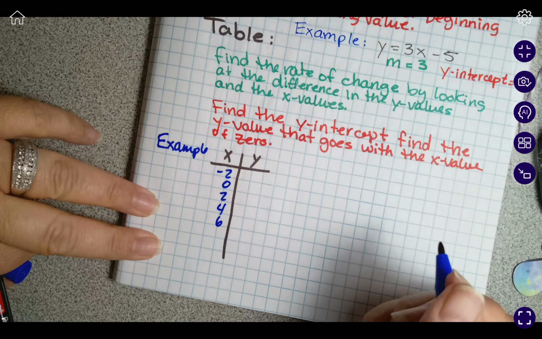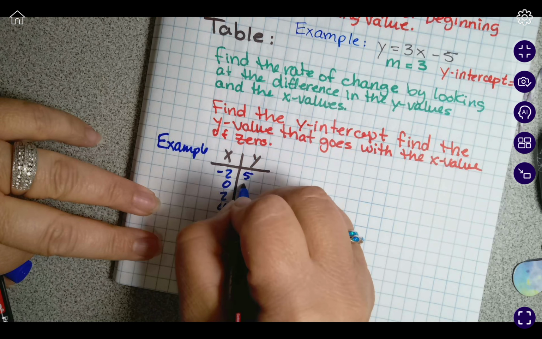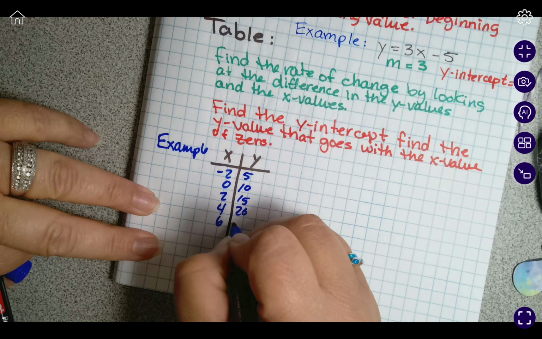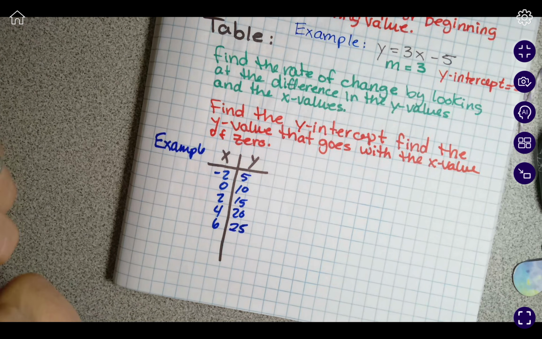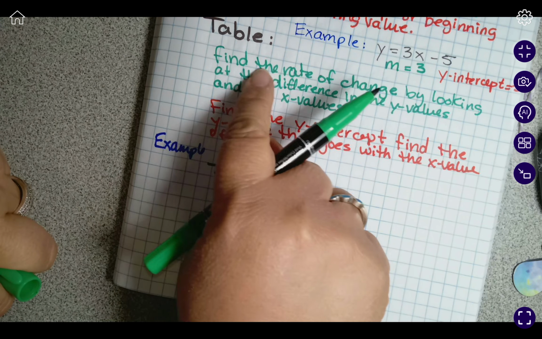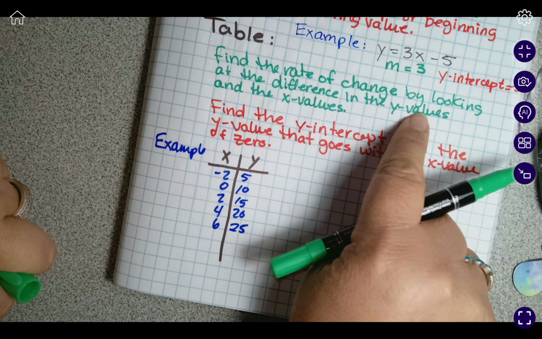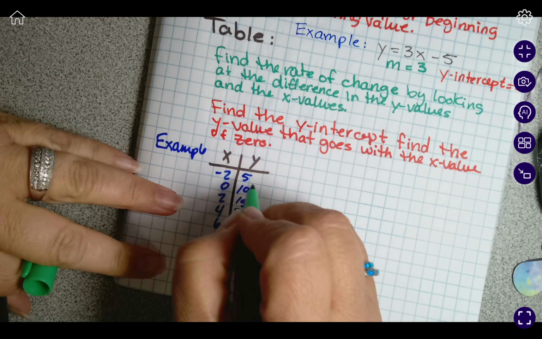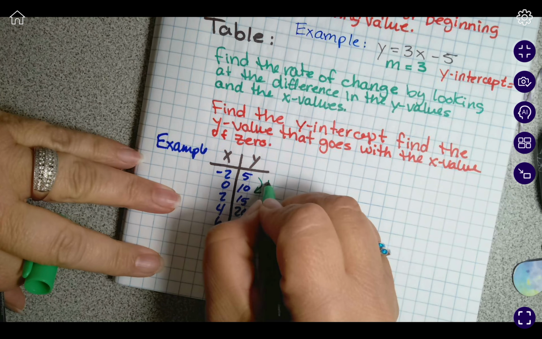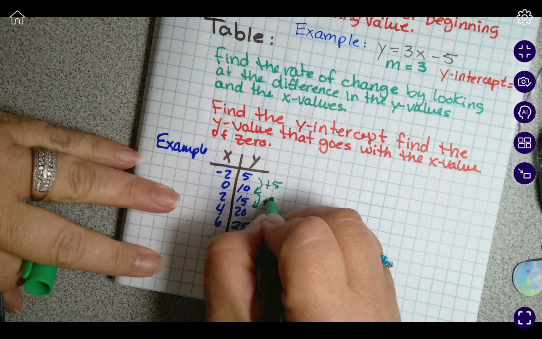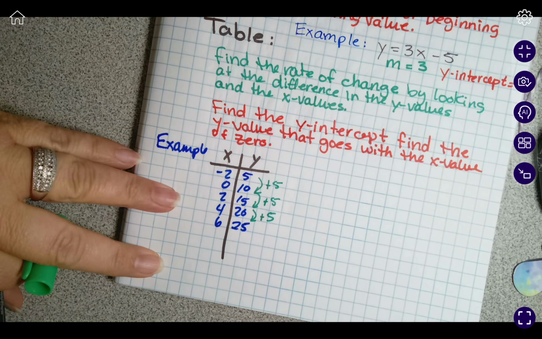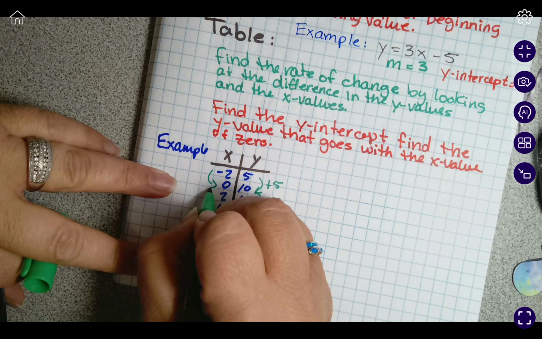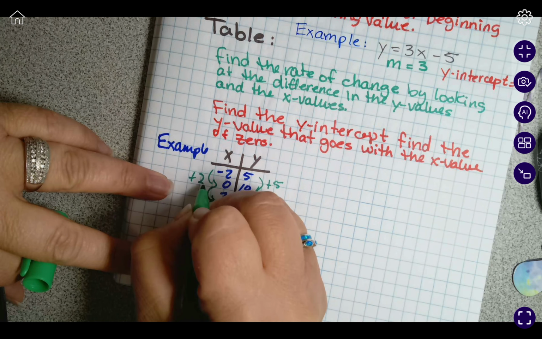And let's say this is 5, 10, 15, 20, 25. Well, to find the rate of change, look at the difference in the y values and the x values. The difference in the y values is 5. You go +5, +5, +5, like that. To get to the next one, you just add 5. And here, to get to the next one, you add 2.